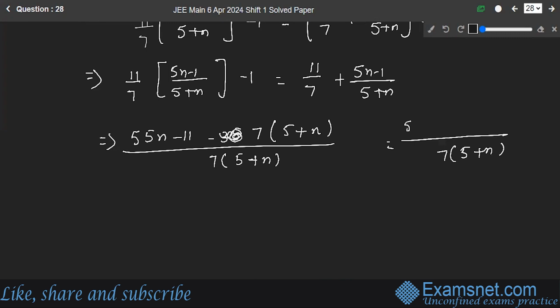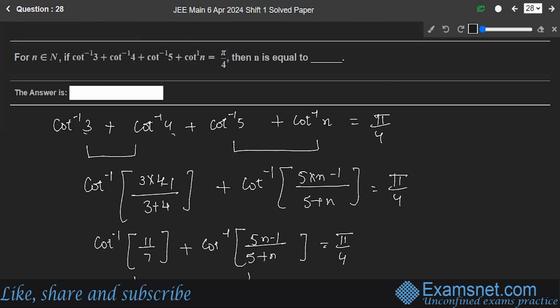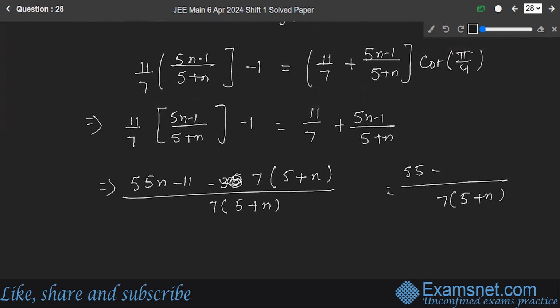This will give me 55n minus 11 minus 35 minus 7n, and the denominators will cancel.